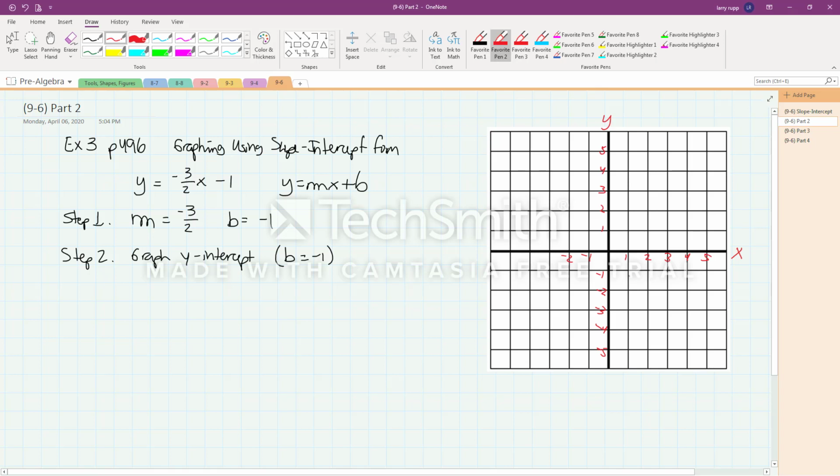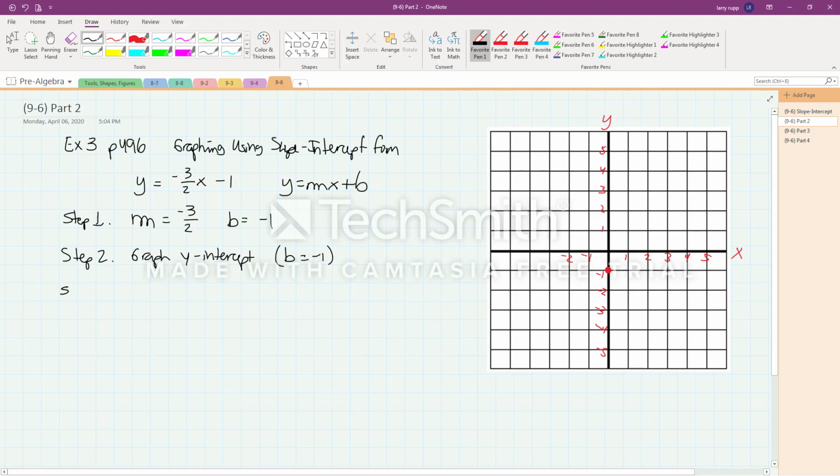So b is equal to negative 1. Well, we said that b was the y-intercept. That means that this is where this line crosses the y-axis. It crosses it at negative 1. Right there. Alright, so far so good. So we took step 2 and we graphed the y-intercept. B is equal to negative 1.